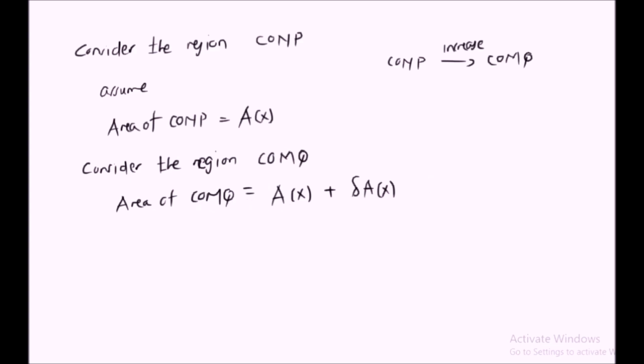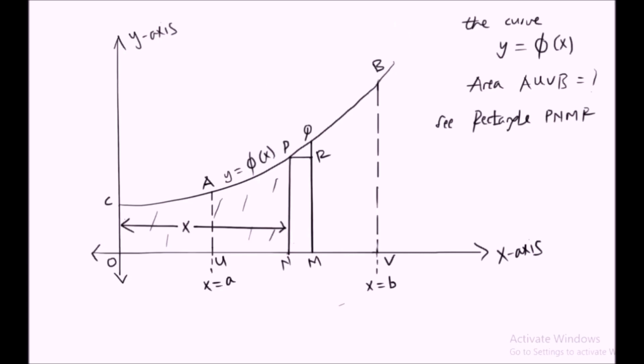Okay, sasa hii rectangle PNMR, tufanye coordinate ya P ni x, y. Kwa hiyo hapa kwenye N ni x, alafu hapa kwenye P ni y, okay. So x imeongezeka mpaka hapa, tufanye hapa kwenye M sasa ni x plus delta x.